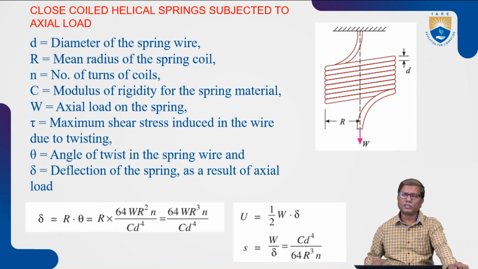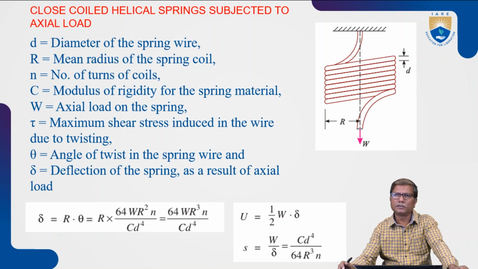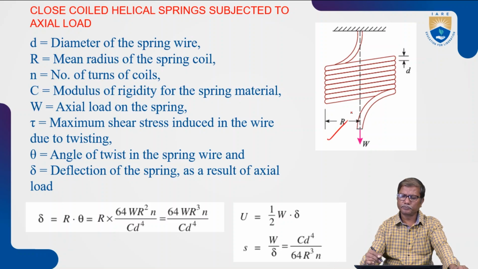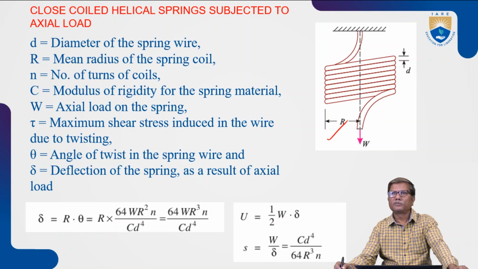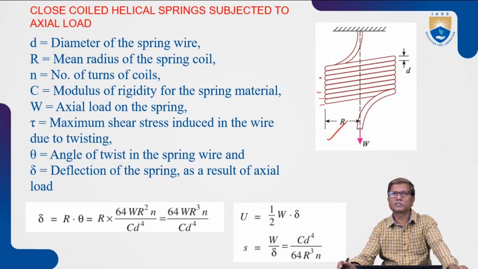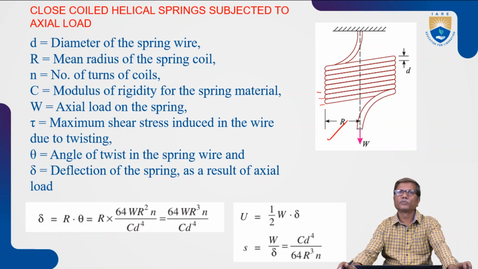Here small d is the diameter of the wire, capital D is the mean diameter of the coil, and capital R is the mean radius of the coil, as shown here. And number of turns means 1, 2, 3 like this. These are the number of turns.